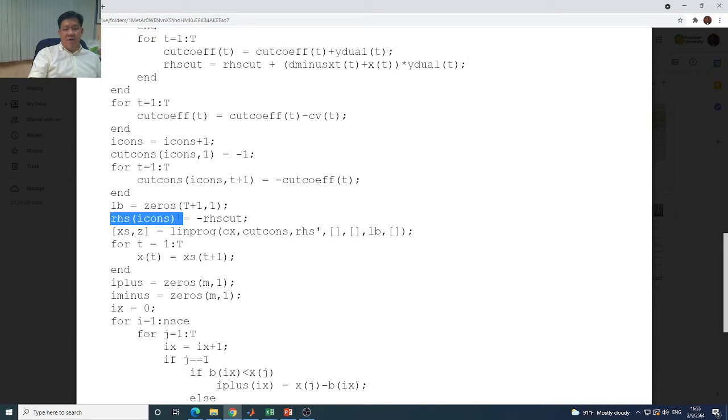By default in Matlab you need to make it a column vector, so you transpose it. We don't have an equality constraint here, so we leave it as a blank bracket, and then the lower bound and the upper bound.